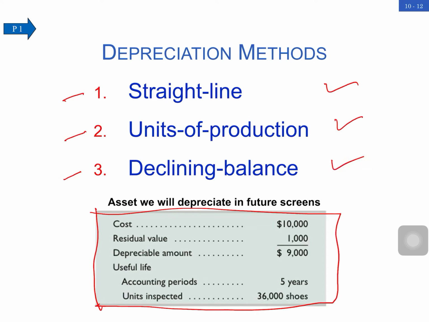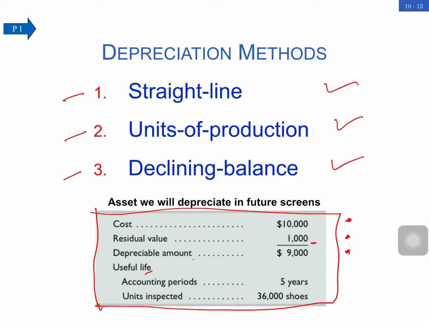Let's say we have a PPE, I think it's a machine, and the cost of the machine is $10,000, and the residual value is 1,000. So that means the depreciable amount is 9,000, right? The cost is 10,000 and the residual value is 1,000, meaning the depreciable amount is 9,000.